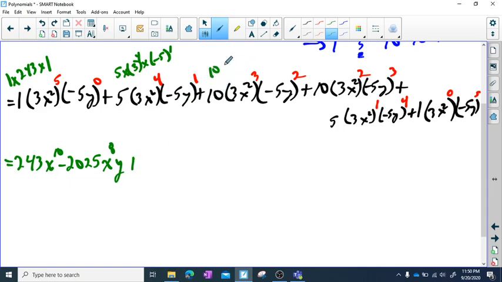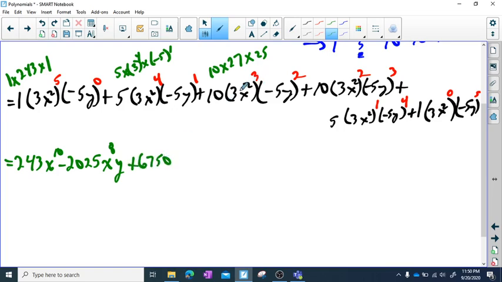10 times 3 to the 3rd power. Negative 5 squared would be a plus 25. 10 multiplied by 27 multiplied by 25 is 6,750. It'll be positive this time.